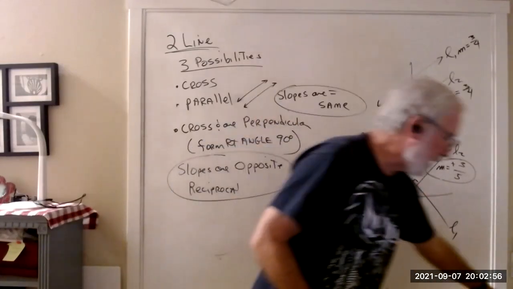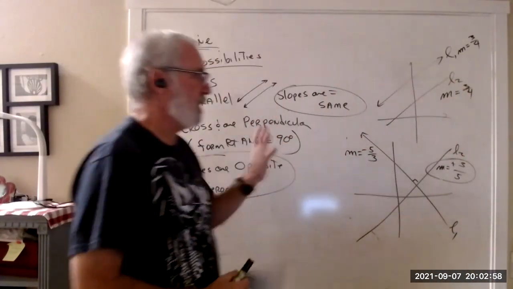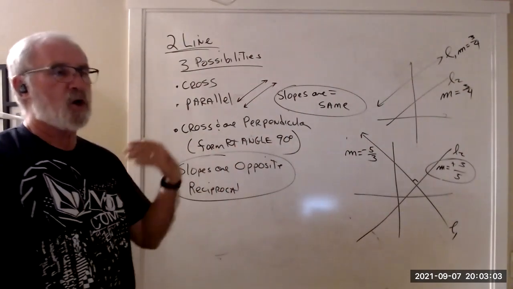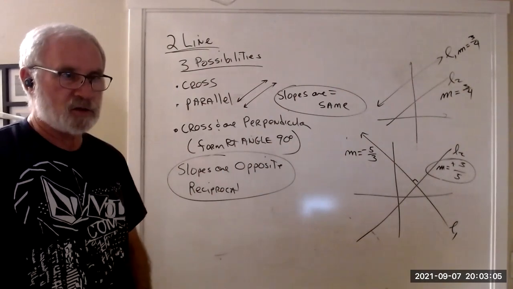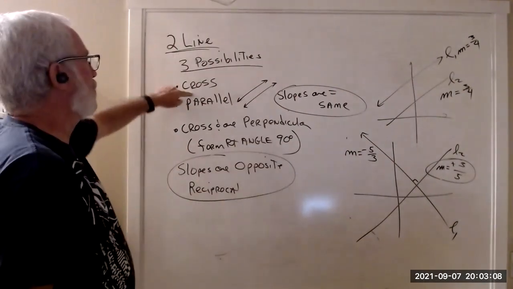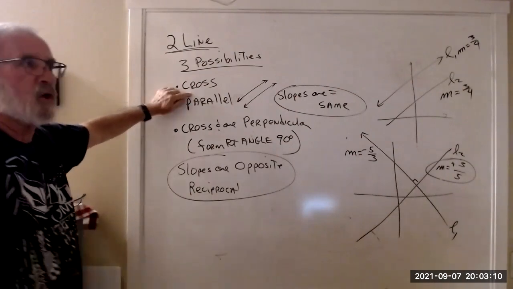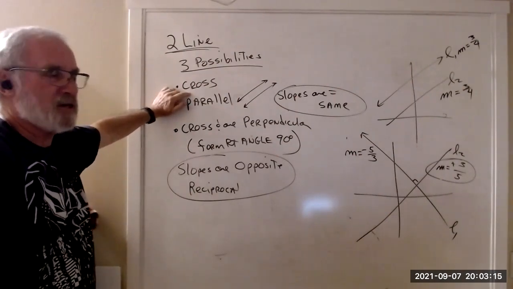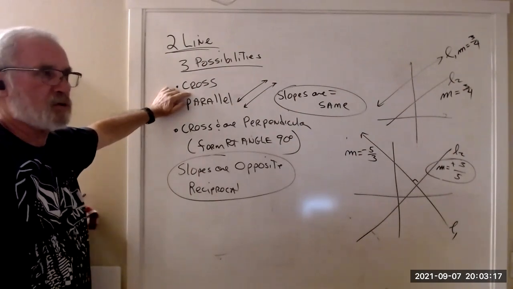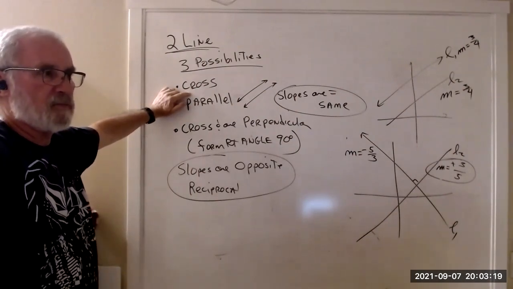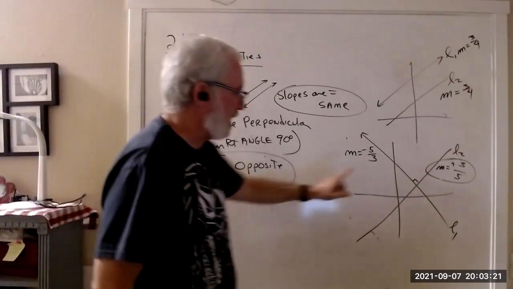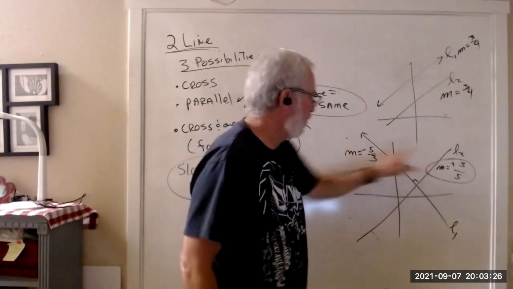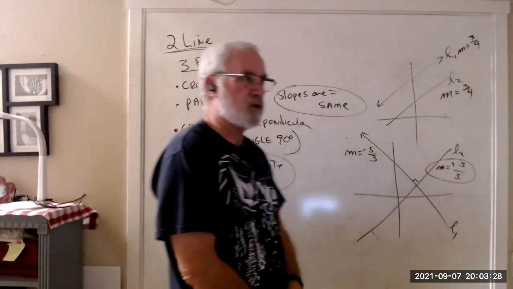Before I actually do some problems, anybody need any clarification on parallel lines or perpendicular lines? There's a whole slew of other lines that just cross and have nothing special about them. They just cross. But if they cross at right angles, at 90-degree angles, then their slopes have a special relationship.